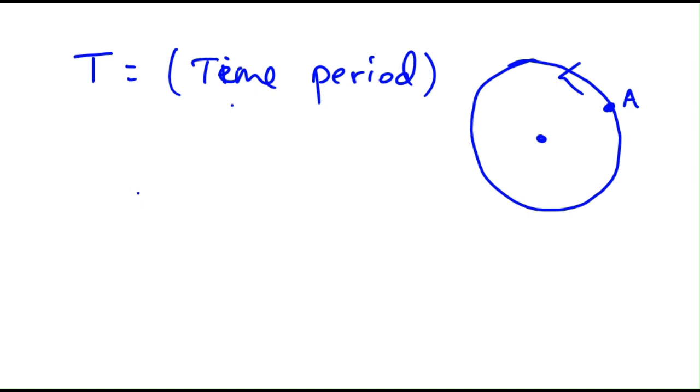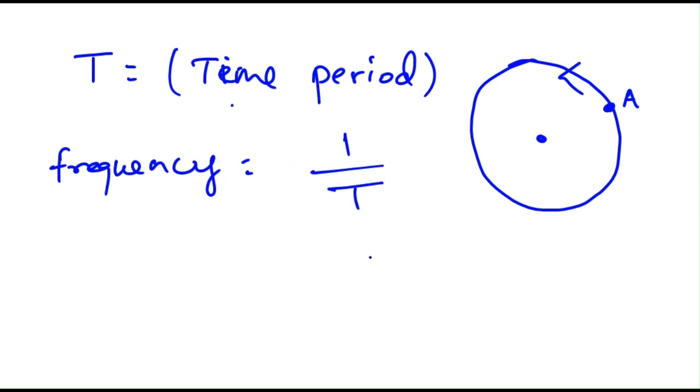And then frequency: if we ask what is the frequency of this body or particle in this revolution, we can write 1 by time period. Frequency is nothing but how many revolutions or cycles this body has completed in unit time.